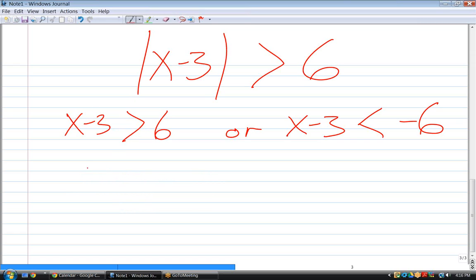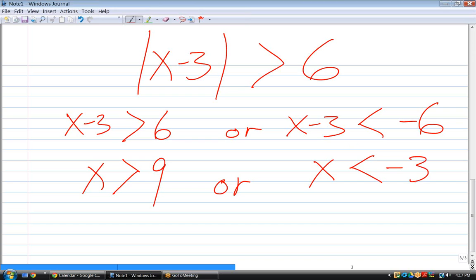So I'm going to add 3 to both sides. Or, what's this part? That one you would add 3 to the right side, so it would be x is less than -3.